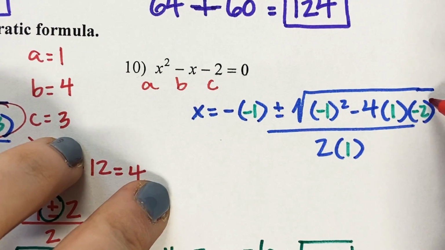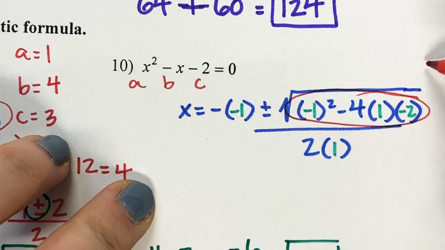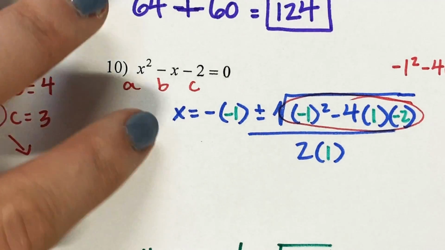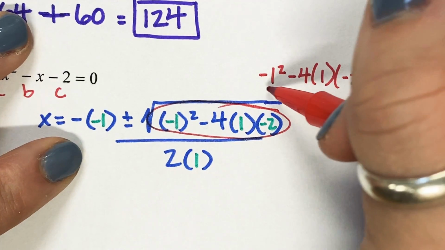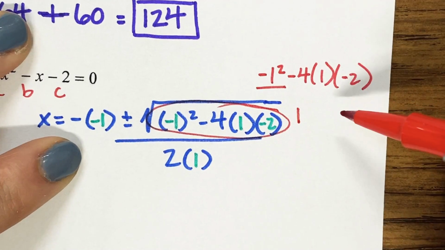Okay, so first thing, let's solve for this discriminant right here. Okay, so we have 1 squared, or -1 squared, minus 4 times 1 times -2. Okay, well, what is -1 squared? What's -1 times -1? That's just 1.